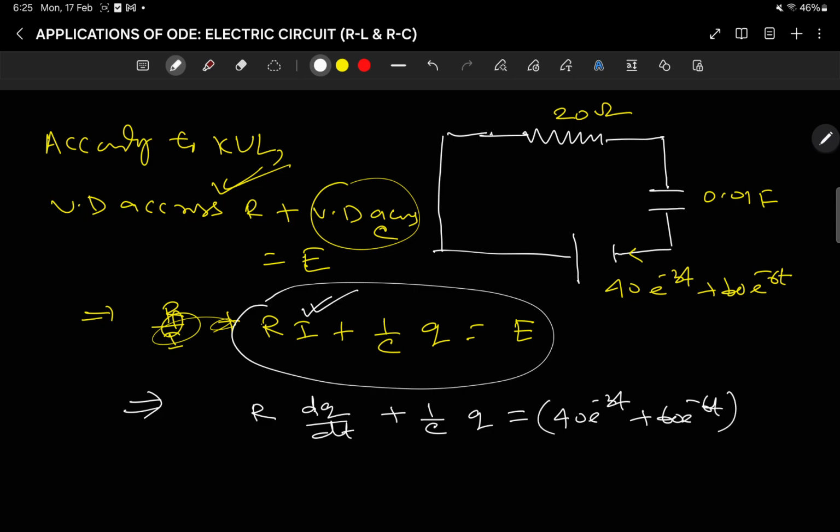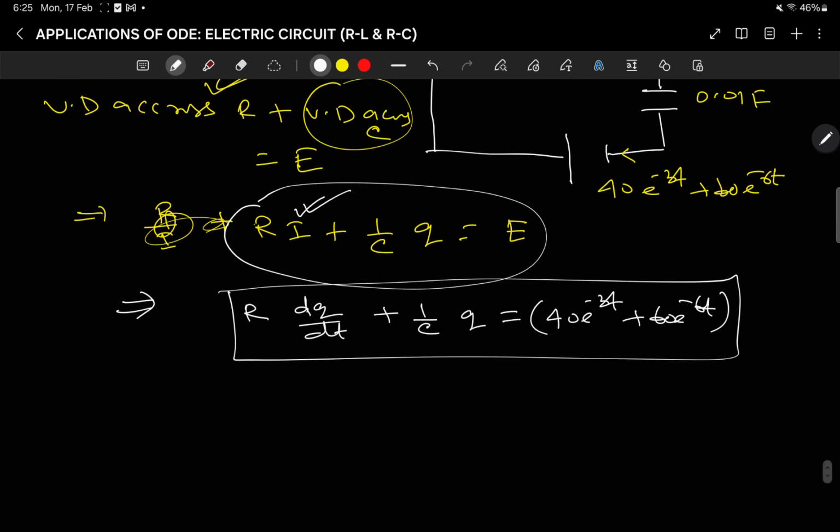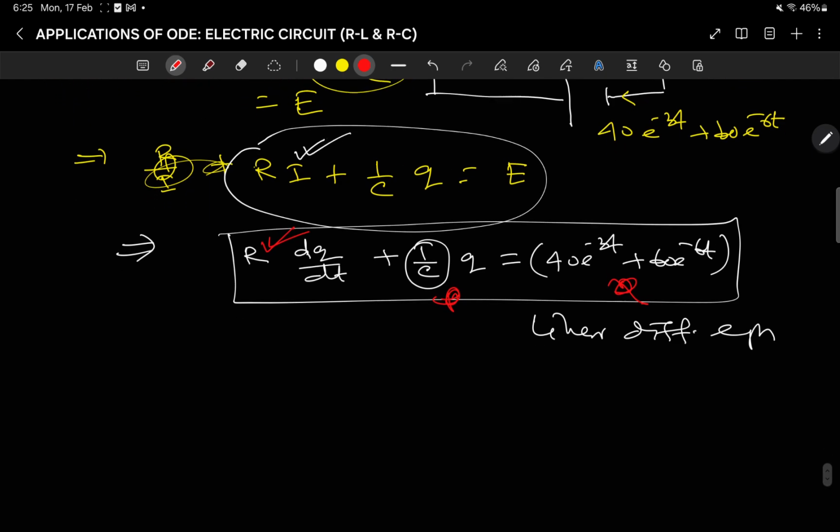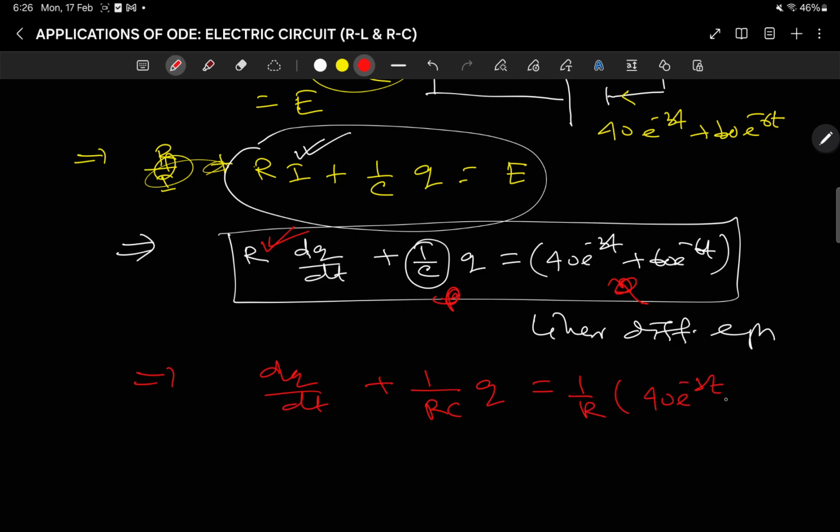You see, this is a linear differential equation, with this as P and this as Q. We can divide through to identify P and Q. So dQ/dt plus (1/RC)Q equals (1/R) times (40e^(-3t) + 60e^(-60t)).